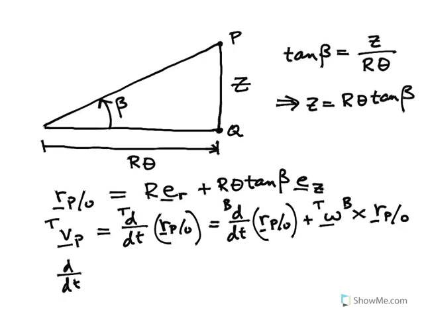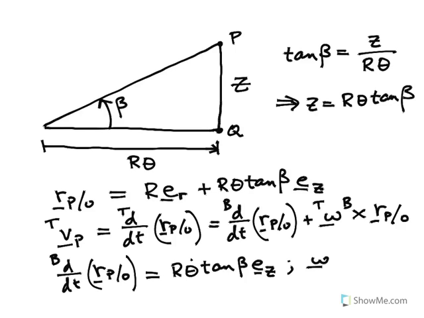D dt in B of the position of P relative to O, because the basis is fixed in reference frame B and R is constant, we get R times theta dot times the tangent of beta times EZ.